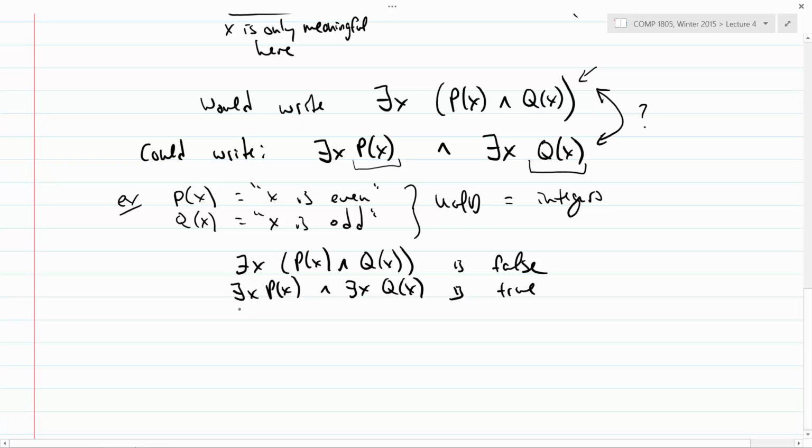And finally, exists an x such that px and qx, that's meaningless.